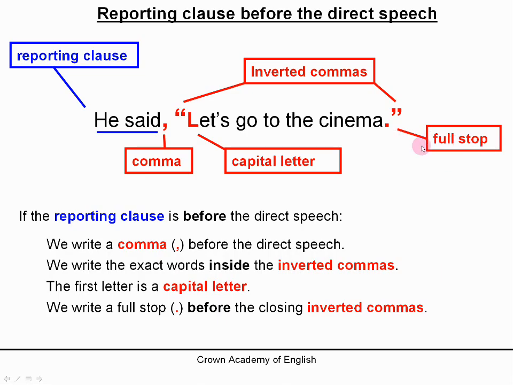So we write a full stop at the end of the direct speech and before the closing inverted commas. Okay, so a full stop is a dot on the bottom, on the line of the text. Full stop is British English. In American English, they call it a period. Okay, but it's the same thing. Okay?